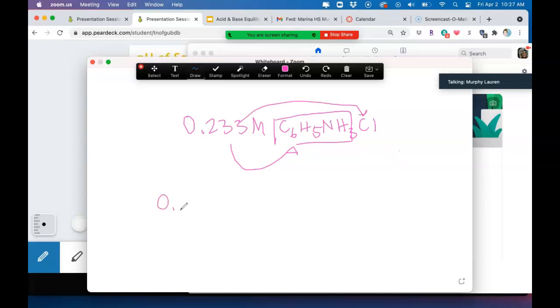Like if I were to say a salt was 0.1 molar sodium chloride, it's really 0.1 molar sodium ion and 0.1 molar chloride ion. That's what it means. So I know the concentration of my cation is what I'm telling you. It's 0.233. Yes, they said that was for the salt, but it is for the cation also.